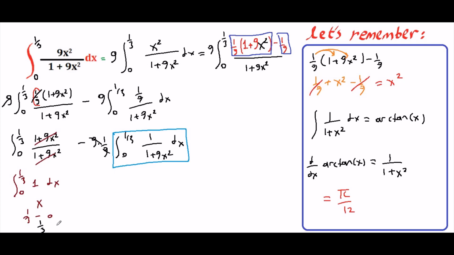So now we have 1/3 minus pi over 12. And if we simplify these fractions, we can expand this by 4, so it's going to be 4 over 12 minus pi over 12. So our final answer will be 4 minus pi over 12.